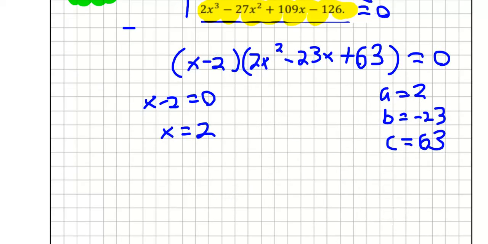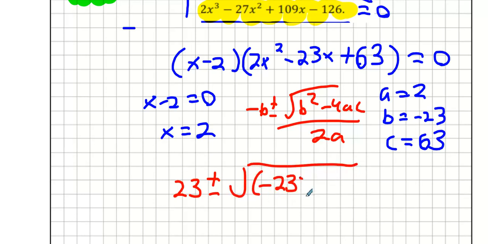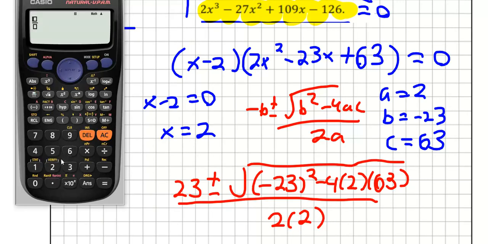Okay, so the minus b formula: minus b plus or minus square root of b squared minus 4ac all over 2a. So we're going to get 23 plus or minus the square root of minus 23 squared minus 4 times 2 times 63, all over 2 times 2.